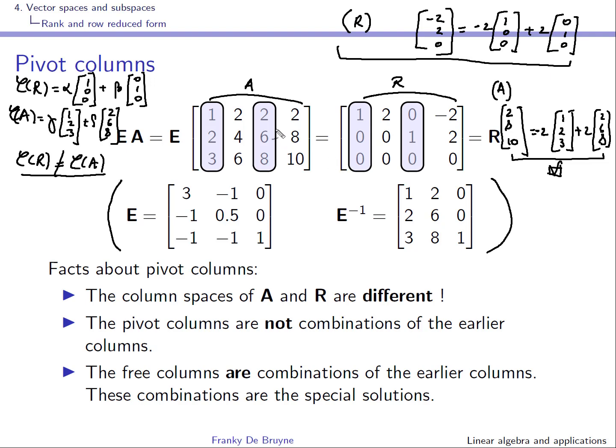You bring your matrix from A to R, to row reduced echelon form. You isolate the pivot columns, and then to compute the column space of A, you need to take the equivalent columns but in the matrix A, and this will produce your column space of the matrix A.